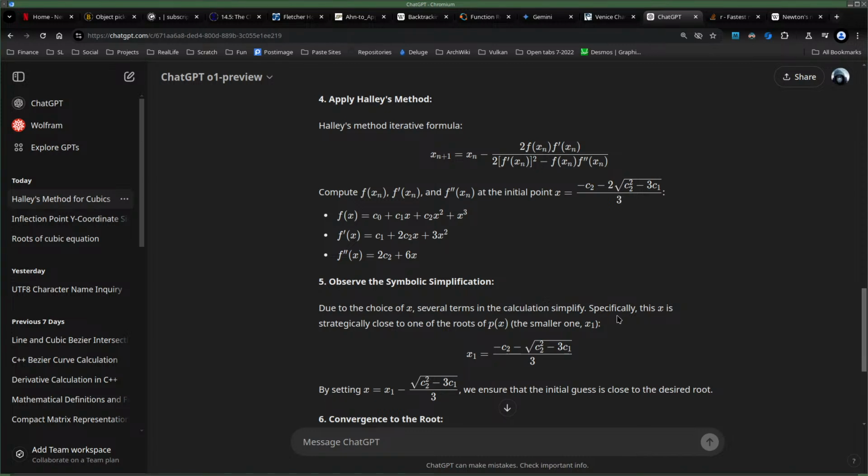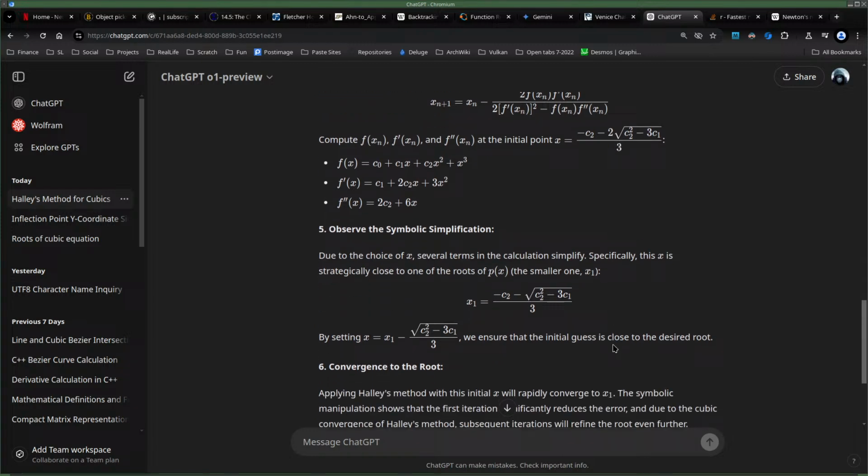Oh, maybe it's really going to happen. No, it is not. No, it's not. So this is bullshit. It's just bullshit.